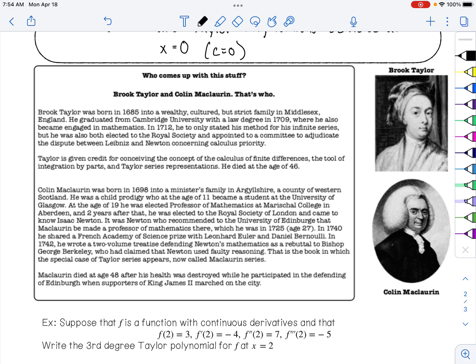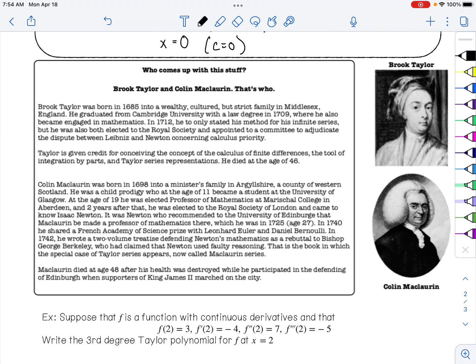So before we get into some examples, let's talk about who comes up with this stuff. We have Taylor and Maclaurin, so Brook Taylor and Colin Maclaurin. Brook Taylor was born in 1685. He was an Englishman, and he graduated from Cambridge University with a law degree, and he was also engaged in mathematics there.